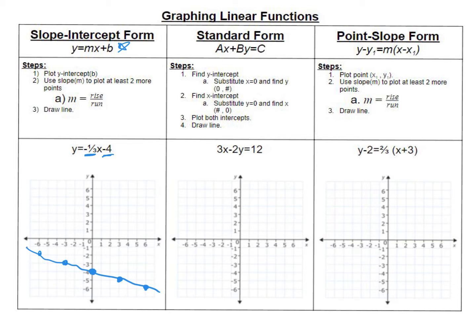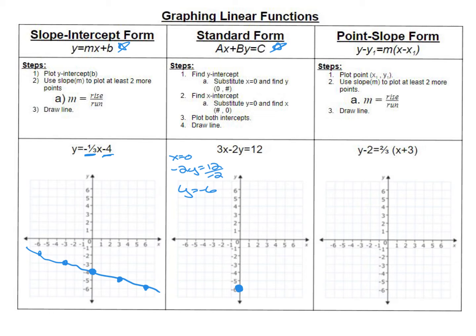When we look at standard form, for example 2, the easiest way to graph these is finding our intercepts. So if x equals 0, that means -2y equals 12, divided by -2, and y equals -6. So that's going to tell us 0, -6.